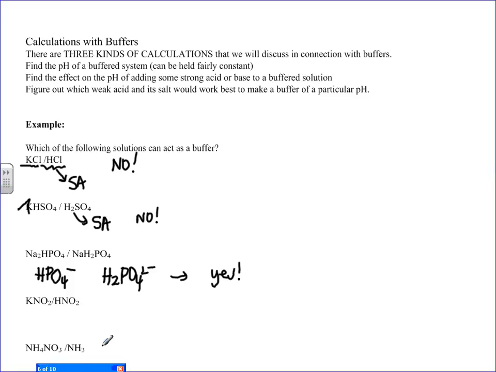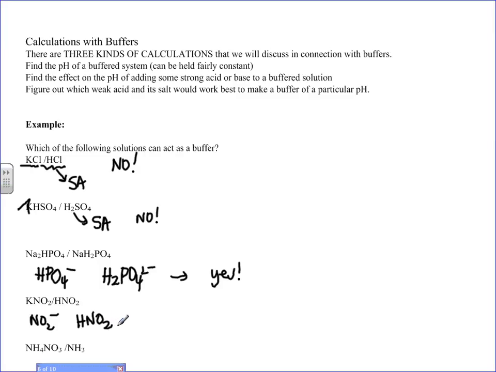Okay, so looking at this next example here, we've got KNO2 and HNO2. Removing the spectator of potassium, which is from our list of strong bases, we've got NO2 minus and HNO2. HNO2 is not a strong acid. It's one of our weak ones. So this is a good pair.